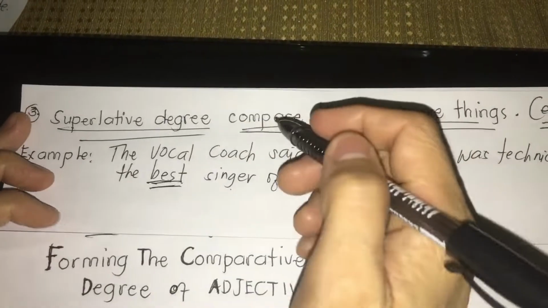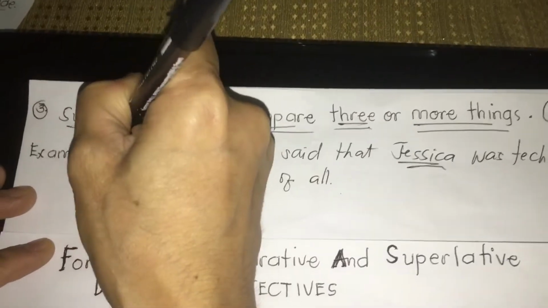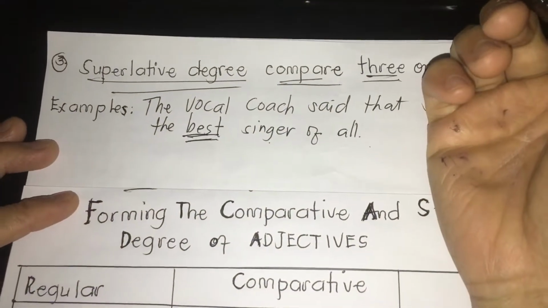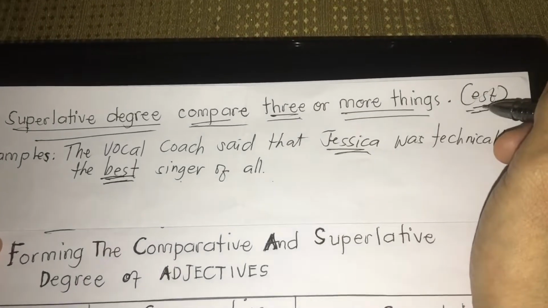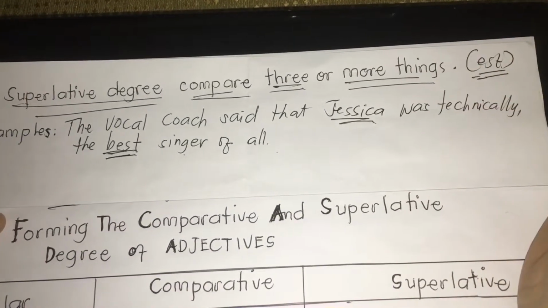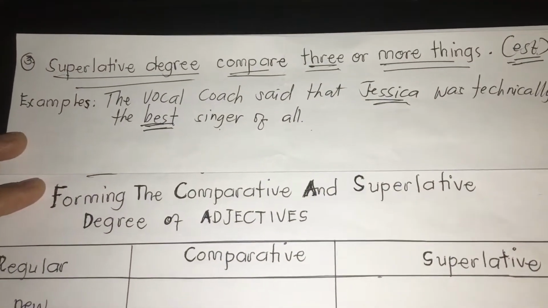So I have another example of a word that ends with est, from the positive degree easy. Easy becomes easiest. So I'm going to form a superlative, comparing three or more things.